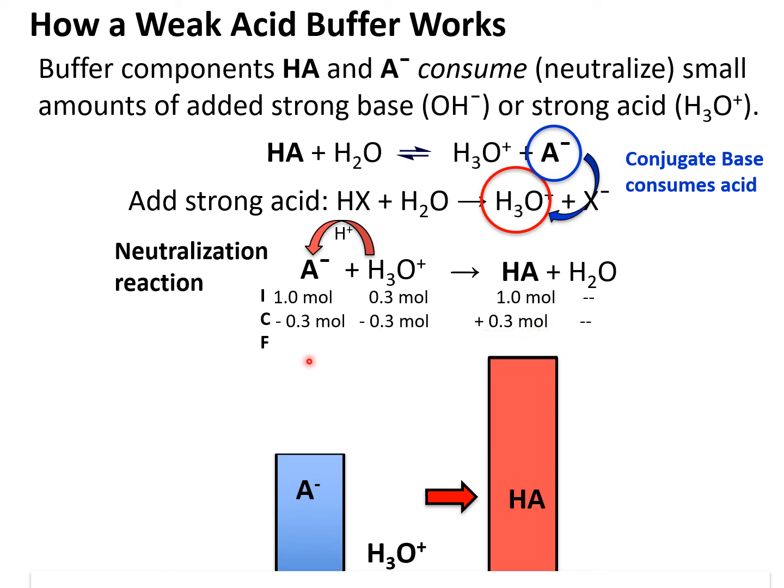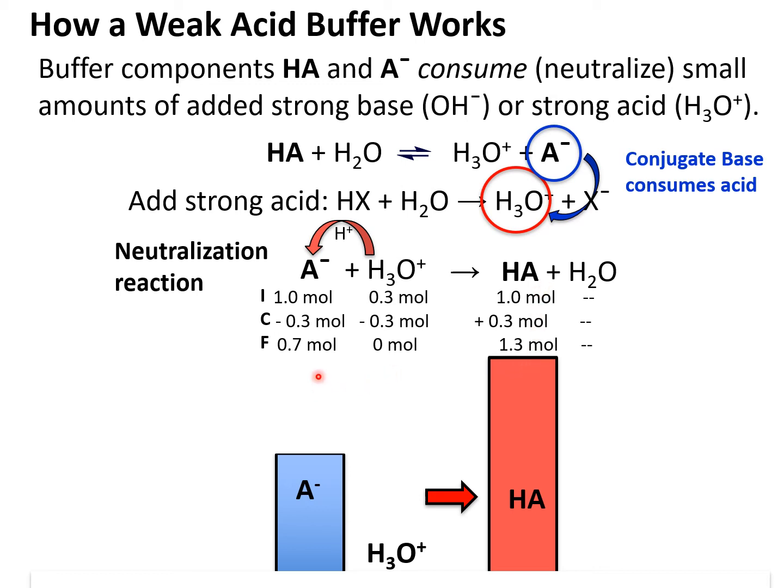Next, we simply add up the columns, which gives us 0.7 moles of our weak base A minus remaining. We end up with no strong acid because all of our strong acid is consumed by the buffer. And we end up with 1.3 moles of our conjugate acid, HA.